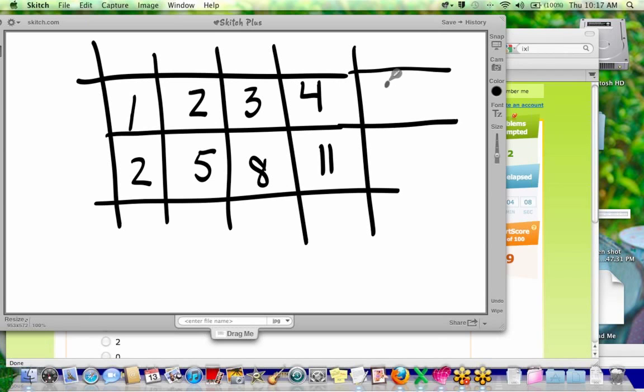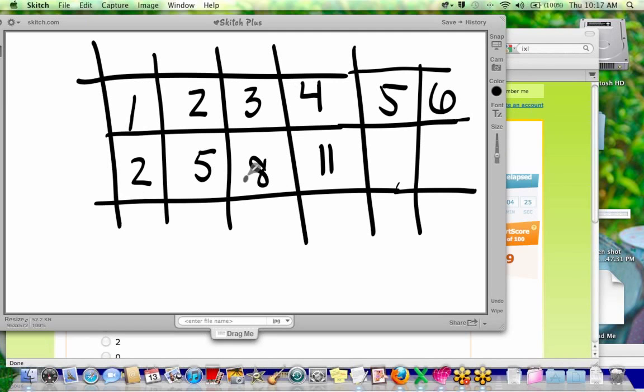Okay. So on my top row, I have 1, 2, 3, 4, 5, 6. On my bottom row, I have 2, 5, 8, 11. What would be the next number that goes right here?